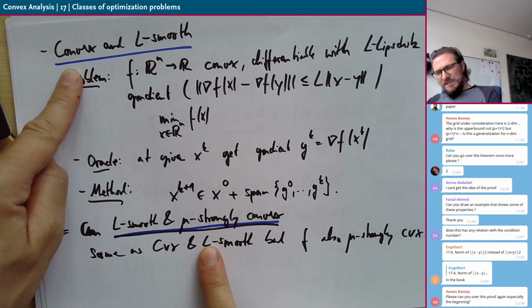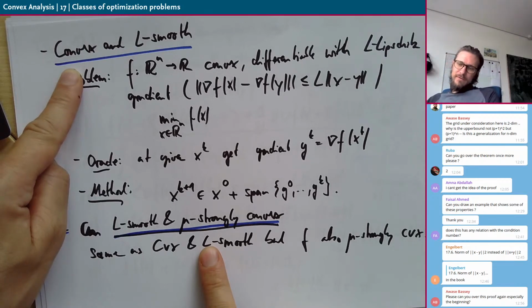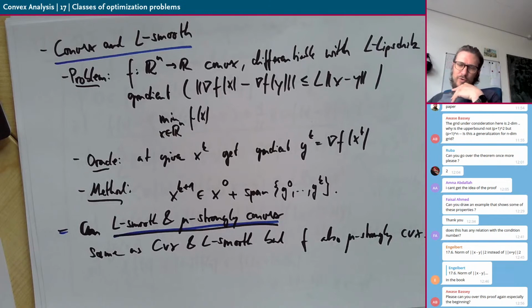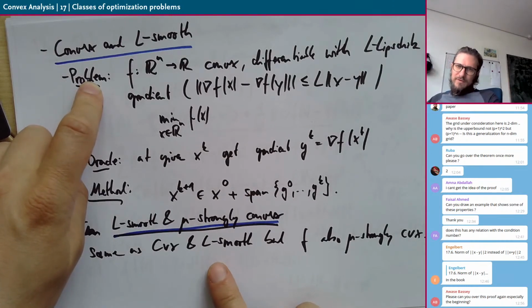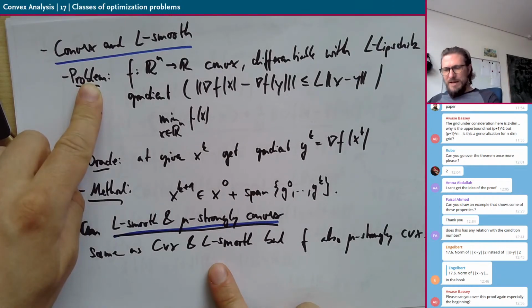There we will see that the gradient method is not optimal. We have a lower complexity bound which is better in order than what the gradient method can achieve. The gradient method is a straightforward method which you can apply to these, but you can show that it's off. It's not matching the lower complexity bound.